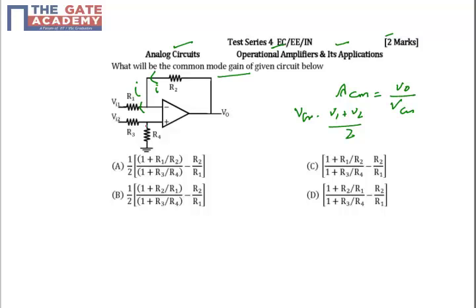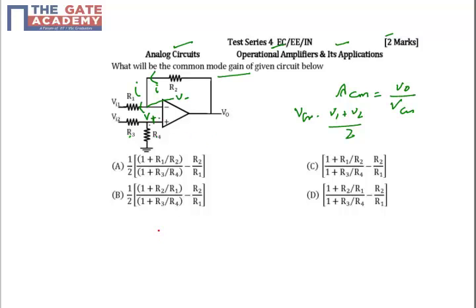Similarly, since the input current of the op-amp is 0, R3 and R4 are in series. Assume the non-inverting terminal voltage is V plus and the inverting terminal voltage is V minus.